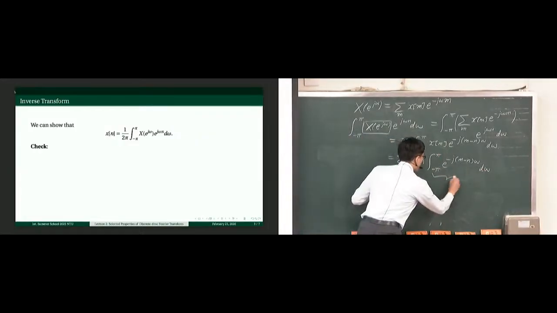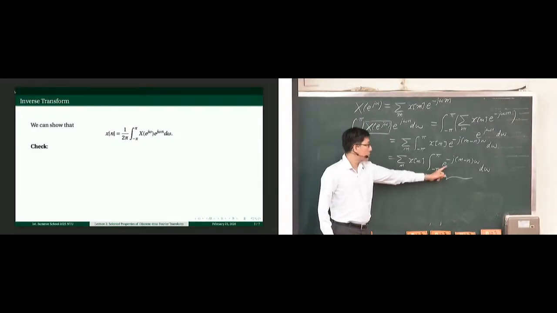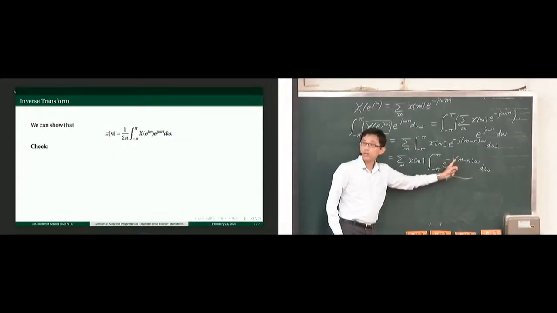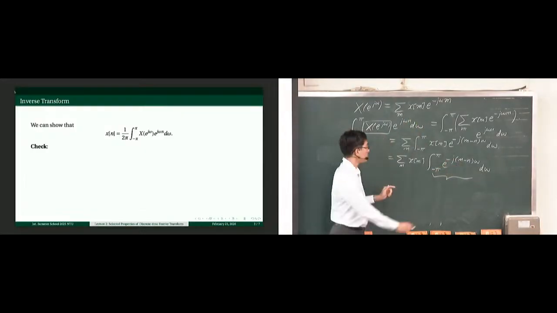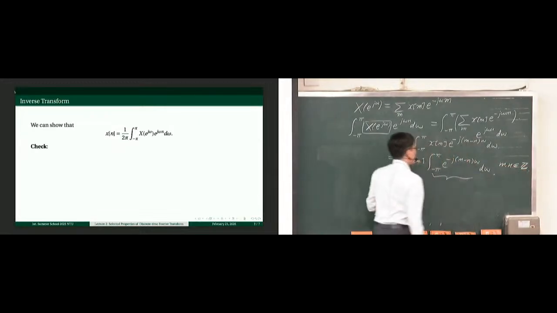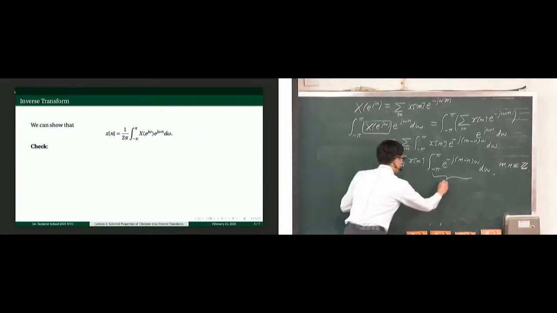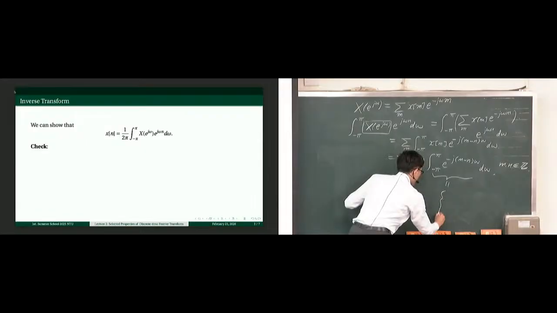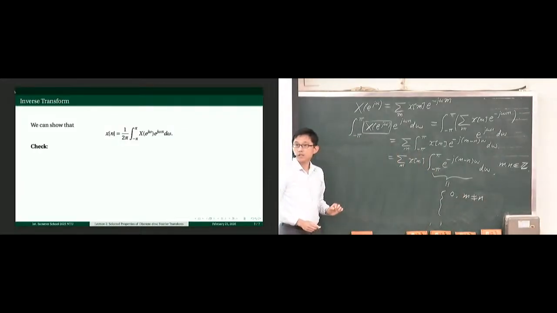This term can be very simply evaluated. What is e to the j something? It's a periodic signal, and m and n are both integers. Let me emphasize, m and n are both integers. Therefore, when you evaluate this integral, it equals 0 when m does not equal n.